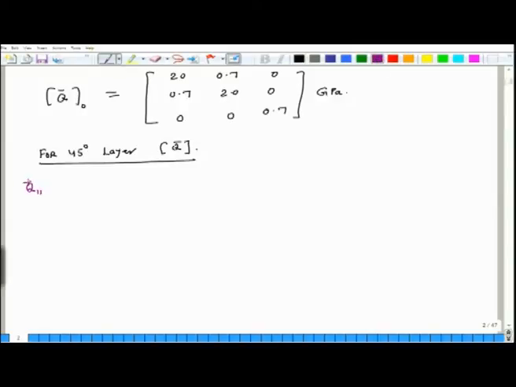Q11 bar is Q11 cosine 4 theta plus Q22 sine 4 theta plus 2 times (Q12 plus 2 Q66) cosine square theta sine square theta, and theta is 45 degrees.